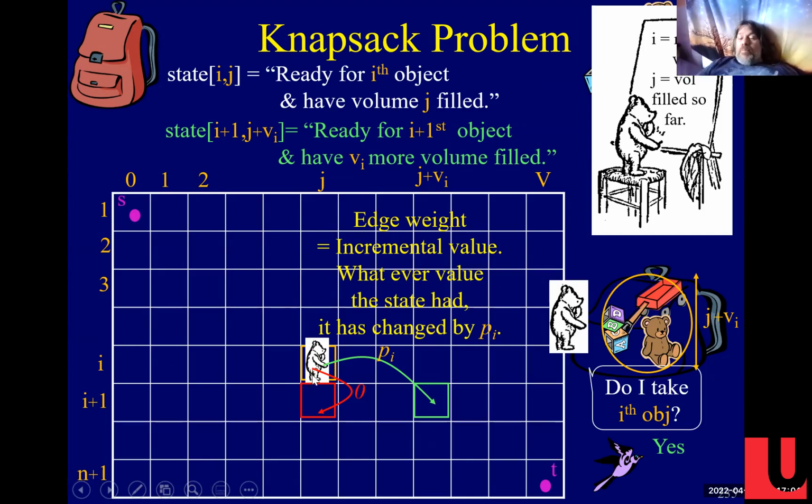We're saying if he happens to be in this state, what decisions, what actions might he take? Well, he has to decide whether to take the ith object or not. So one possibility is no, and one possibility is yes. And in those possibilities, where does he end up? I'm just laying out the possibilities. We're not making any decisions yet. We're not saying how those decisions are made.